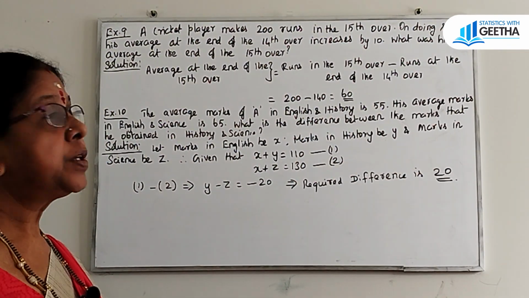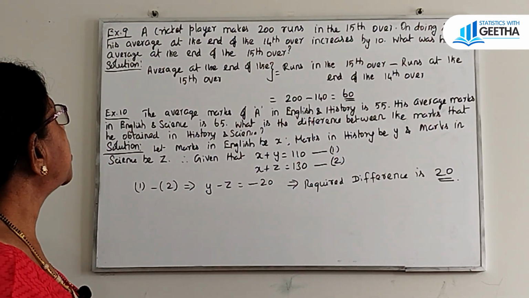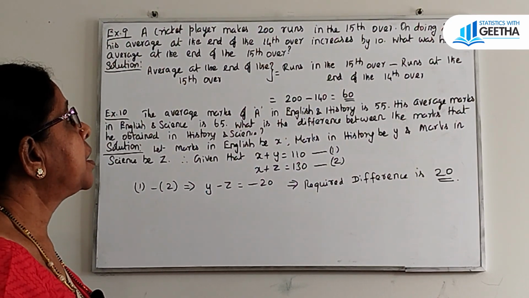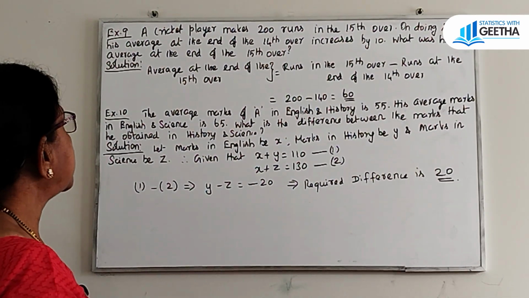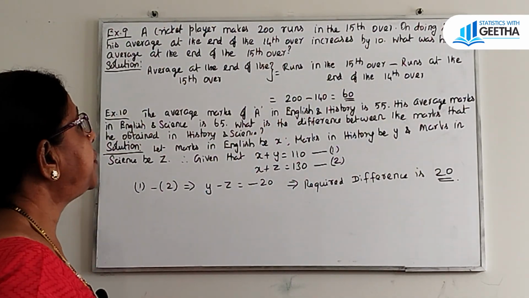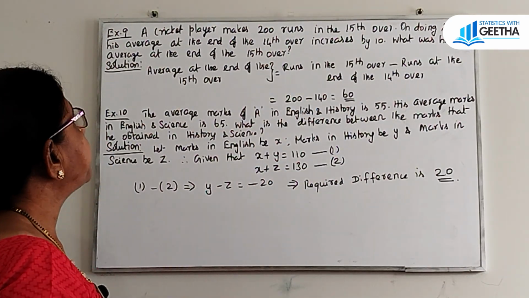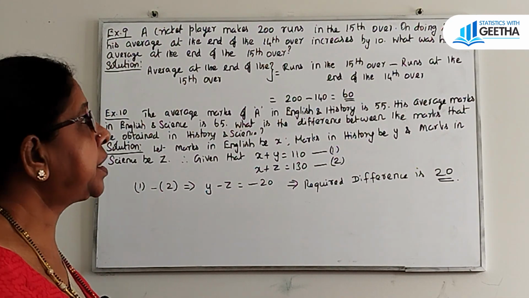Exercise number 9. A cricket player makes 200 runs in the 15th over. On doing so, his average at the end of the 14th over increases by 10. What was his average at the end of the 15th over? இப்போ நமக்கு solution, average at the end of the 15th over தெரியணும். That is nothing but runs in the 15th over minus runs at the end of the 14th over, அந்த ரெண்டும் தெரியணும்.